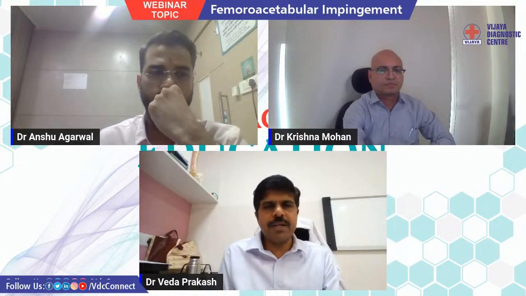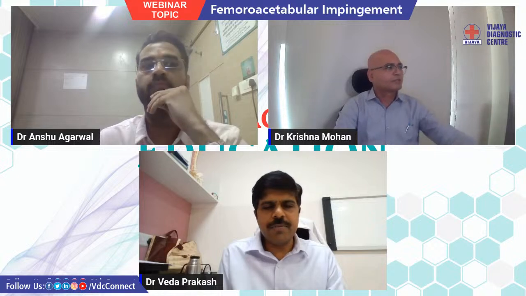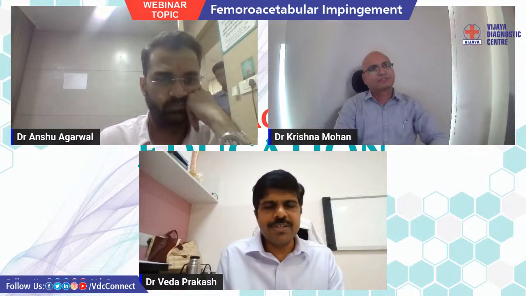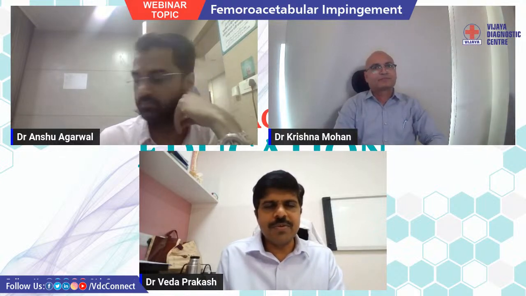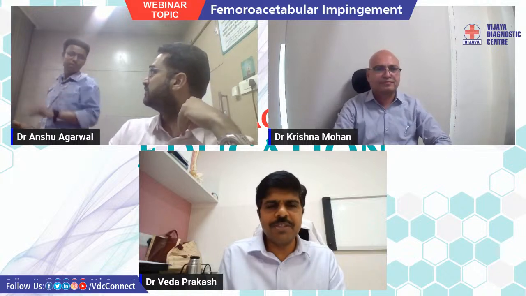Radiologists help in diagnosing these conditions, because clinically a lot of similarities are there between this and osteoarthritis. Only radiological imaging can help the clinicians better. So I would love to hear further from the radiologist to improve my understanding of the radiological anatomy of the impingement. Thank you.